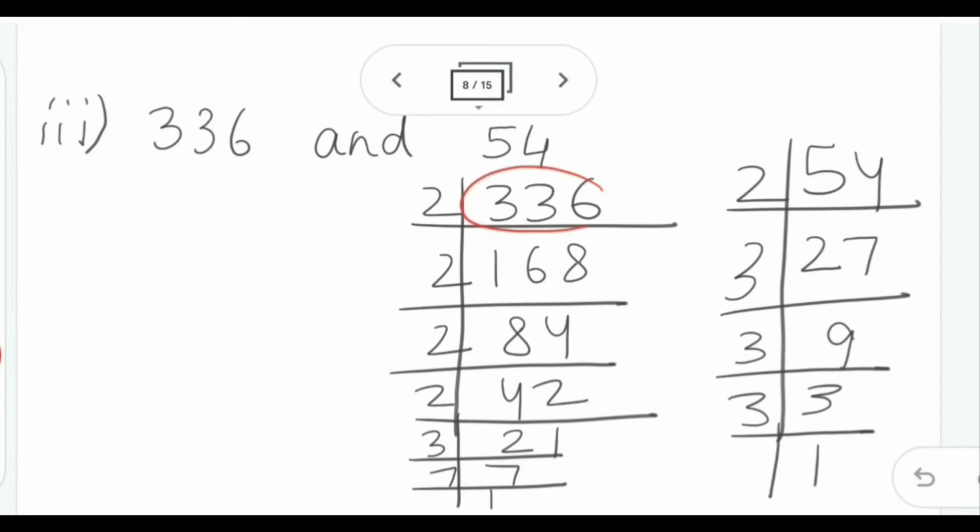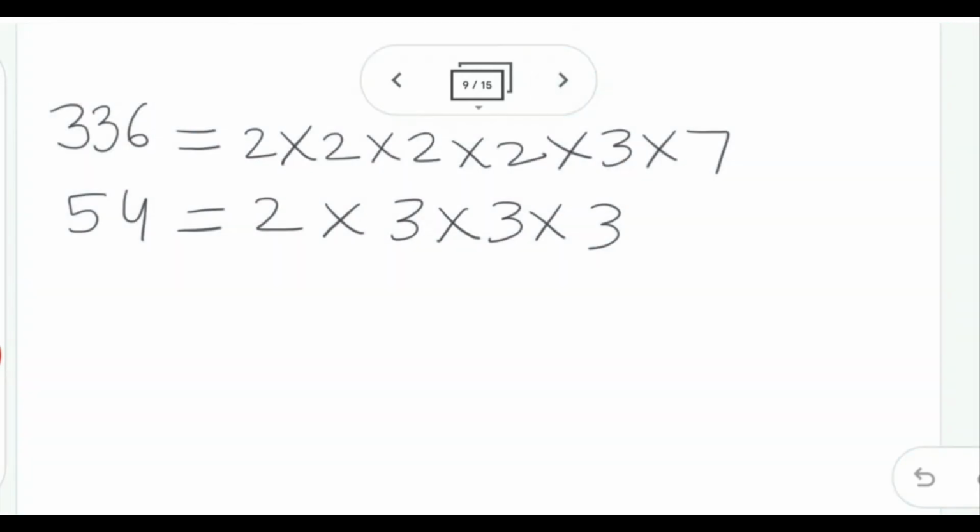Now 336 has prime factors 2, 3 and 7. 2 is appearing 4 times, 3 and 7 one time, and 54 has prime factors 2 and 3. So we can write their prime factorization like this. Now we will find their HCF and LCM.